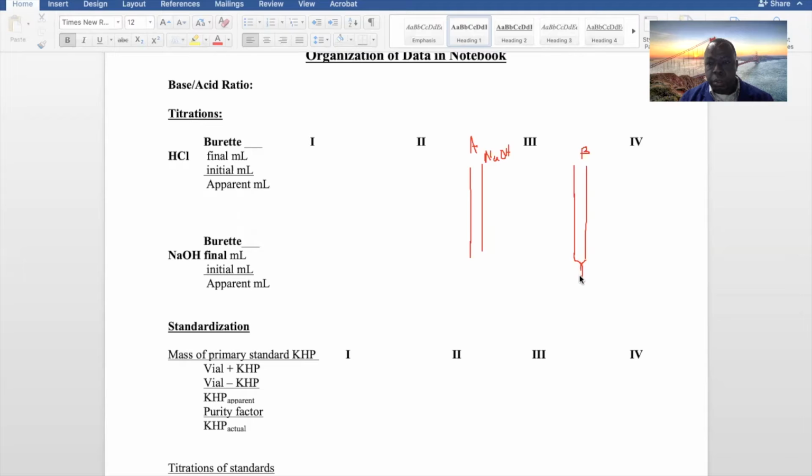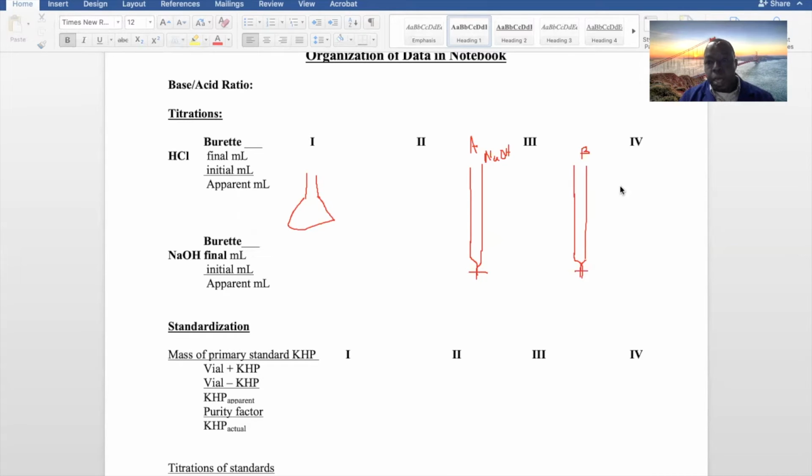It's hard to draw using my mouse. And this is NaOH. Remember, we are using only one flask for trial 1. This is the 500 mL flask with your sample.